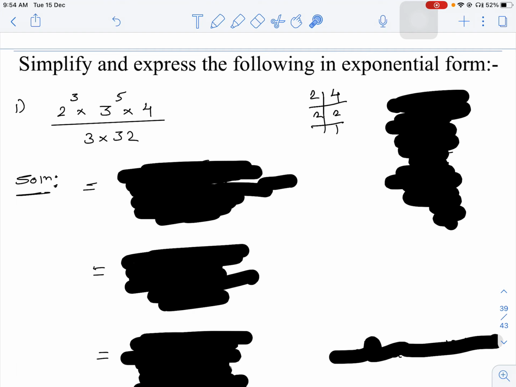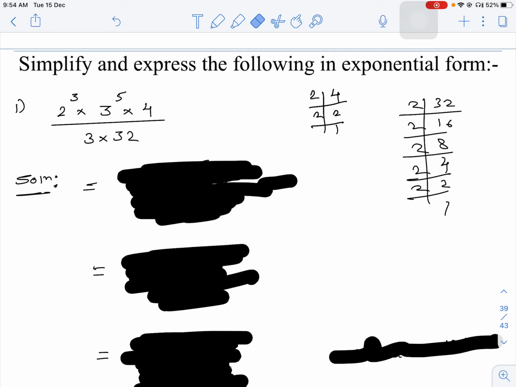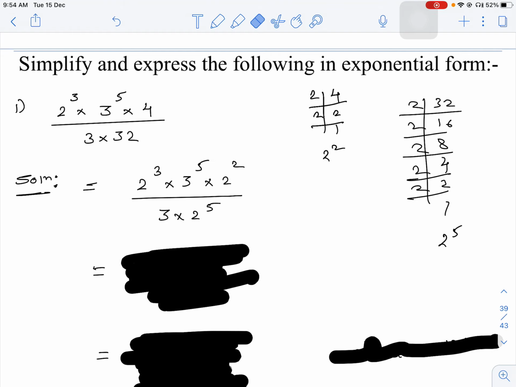Similarly, 32, its prime factorization, 2 is multiplied 5 times, so we will write it as 2 raised to 5. So here we have written it.